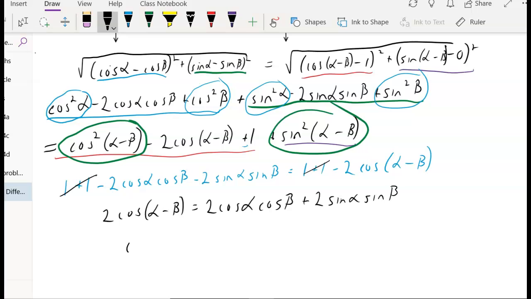Divide everything by 2 and we get the cosine of alpha minus beta is equal to the cosine of alpha cosine of beta plus sine of alpha sine of beta.